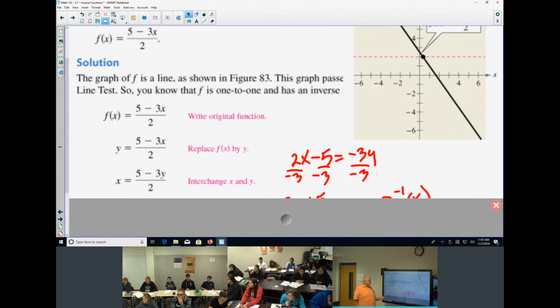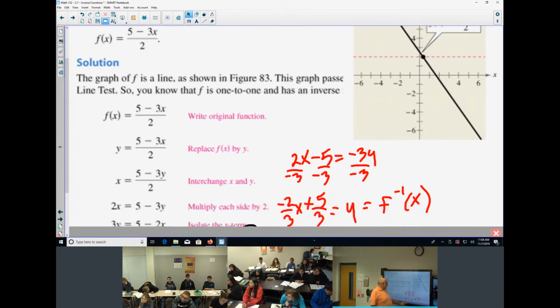So now to solve for this new y, what I would do is multiply each side by 2 and then divide everything by 3. And so then you end up with negative 2/3 x plus 5/3 equals y, and then you replace that with f inverse x.